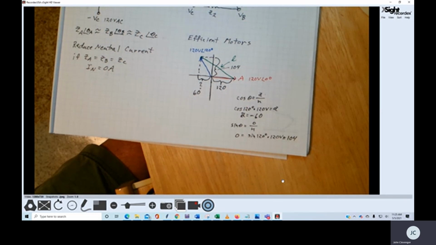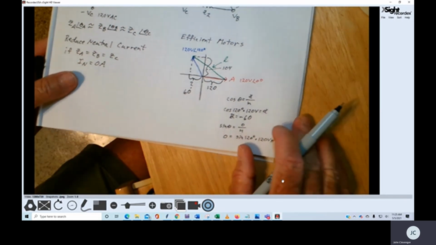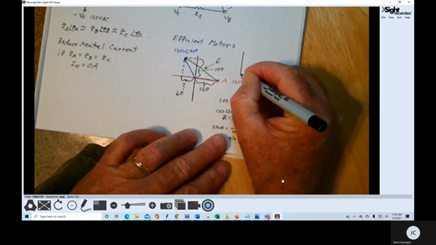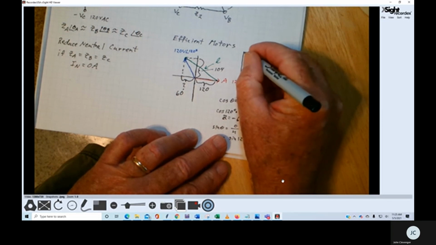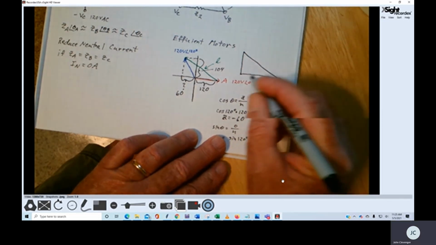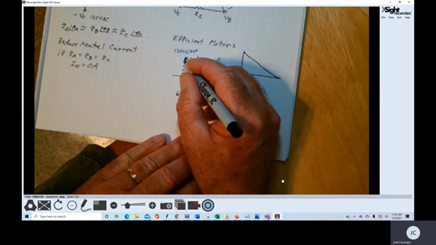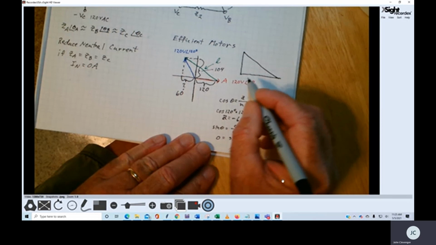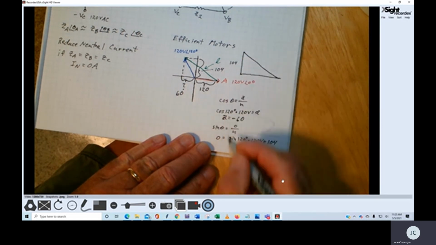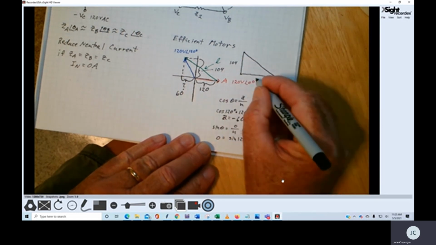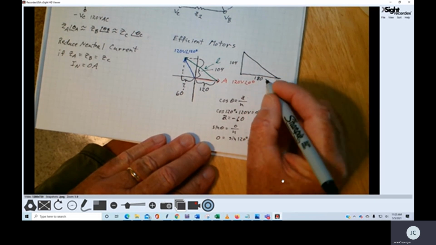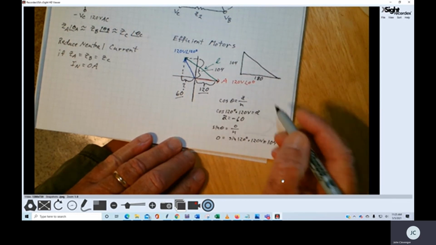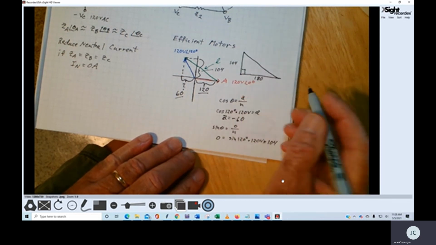Okay, so now I have this new right triangle, with this side and this side. I know this side is 104 units. I know this side is 180 units, which is the sum of the 60 and the 120. So I can find the length of the hypotenuse.